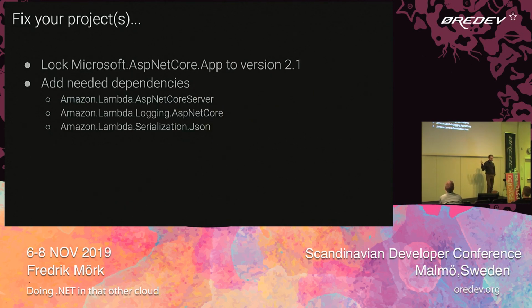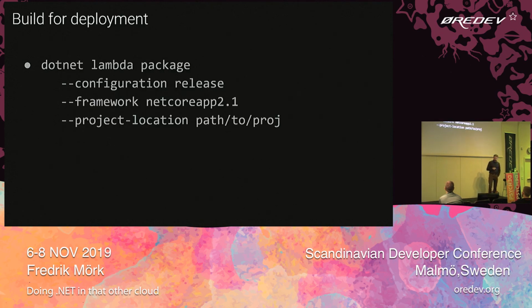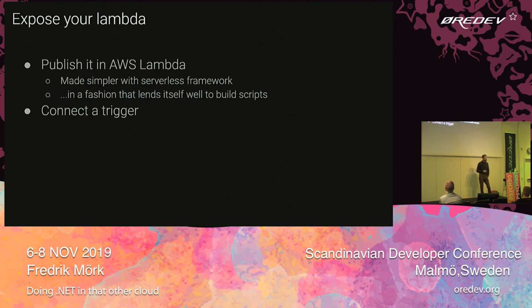Fix the project to lock to 2.1 with a global JSON file. Add these dependencies and the entry point. Build for deployment, .NET Lambda package with the configuration. If you are not running it in the project folder, you need to point out where the project is, which you would do probably in a build script. And put it out in Lambda and connect it to a suitable trigger.